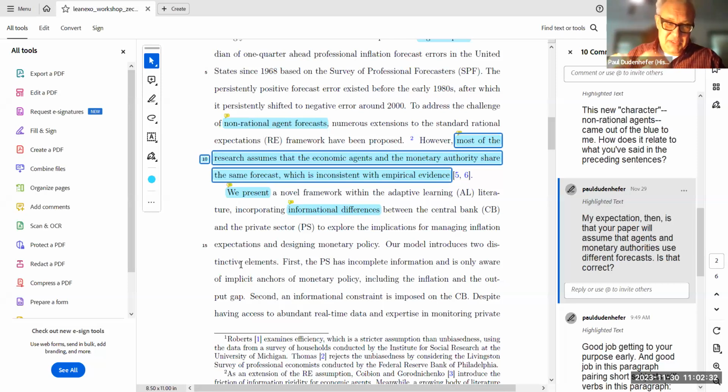That's the expectation this sets up in me. So let me ask you, is that indeed what you do? Do you indeed set up a situation in which the agents and the monetary authority have different forecasts? Yes, that's our intention. Perfect. Then that's good. That's good.